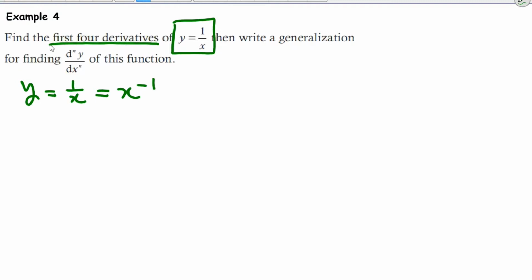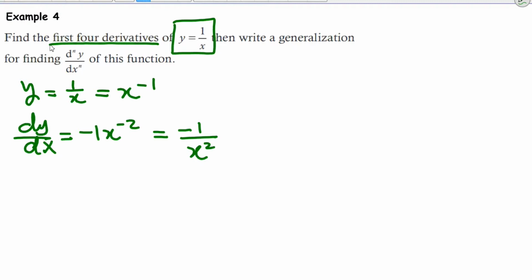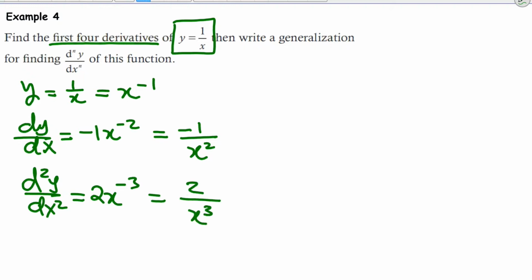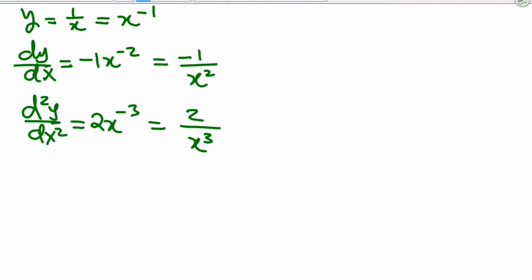So dy over dx will be negative 1 x to the power negative 2, which can be written as negative 1 over x squared. The second derivative: we just need to differentiate this function, which gives 2 x to the power negative 3, which will be 2 over x to the power 3. And we can continue this process up to the fourth derivative.